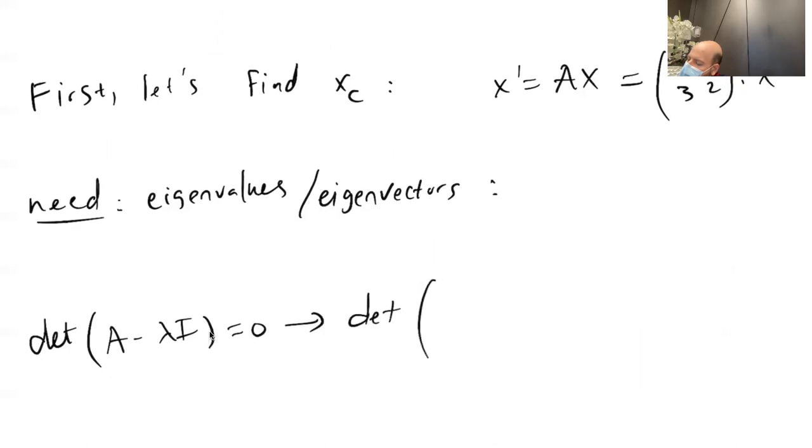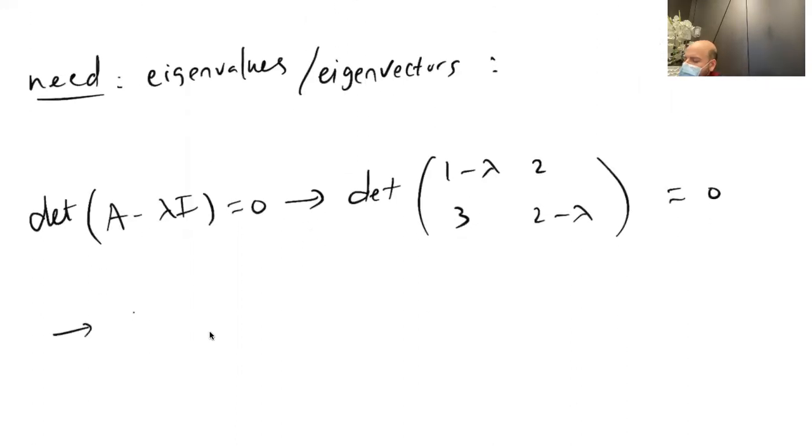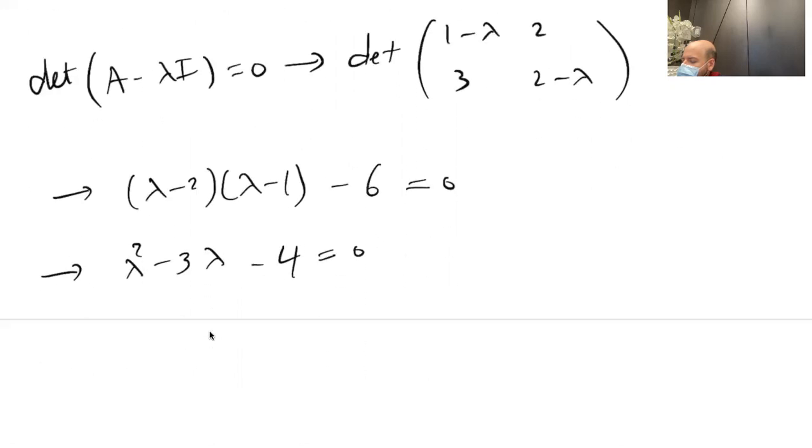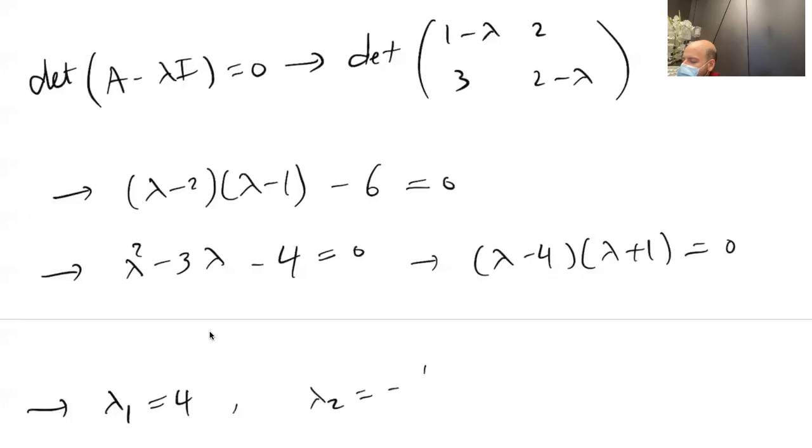That gives me the determinant of [1 minus lambda, 2; 3, 2 minus lambda] equals 0. That gives lambda minus 2 times lambda minus 1 minus 6 equals 0. So lambda squared minus 3 lambda plus 2 minus 6, that's minus 4, equals 0. So lambda minus 4 times lambda plus 1 equals 0. So I have two eigenvalues, lambda 1 equals 4, lambda 2 equals minus 1.